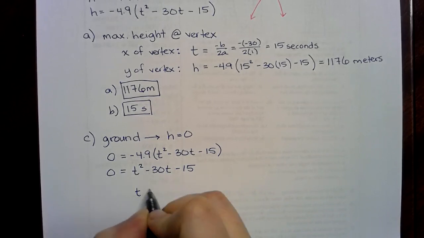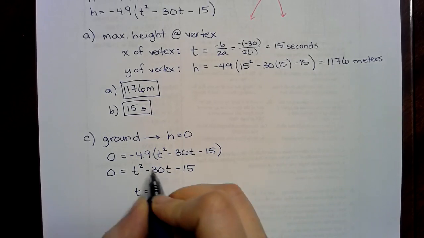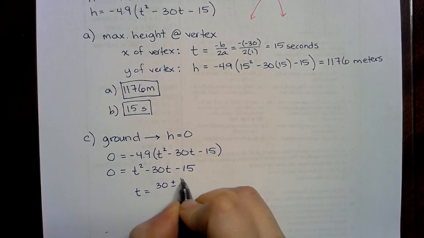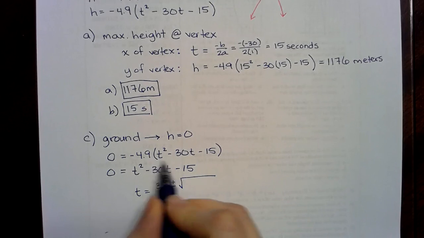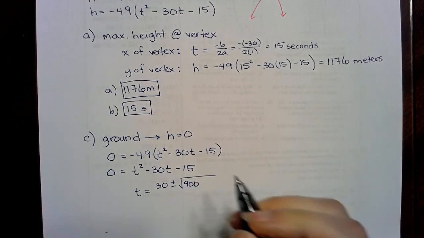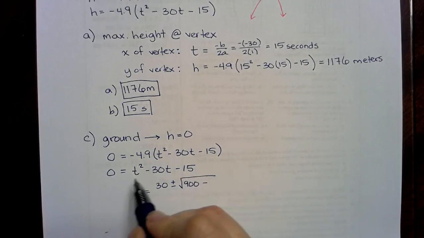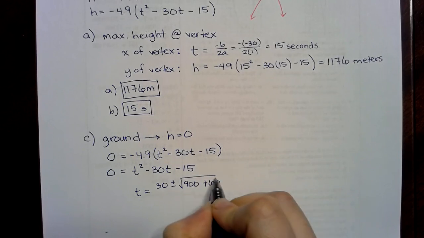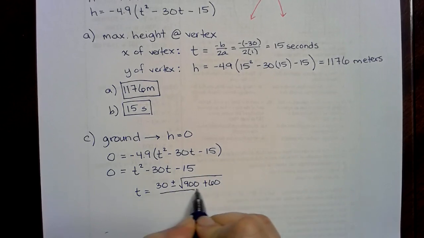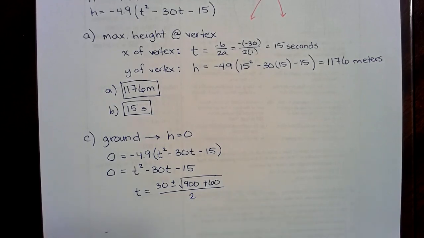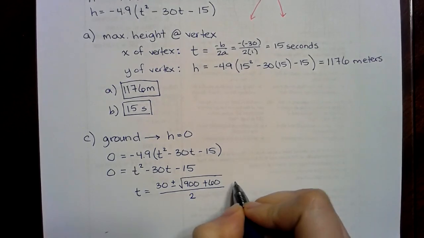So I find that t is negative b, so positive 30, plus or minus the square root of negative 30 squared, which is 900, minus 4 times 1 times negative 15, so it'll be plus 60, all over 2 times 1. So let's work that out.